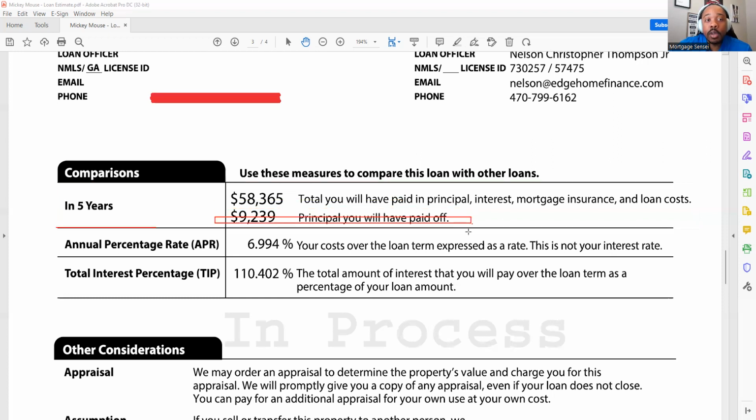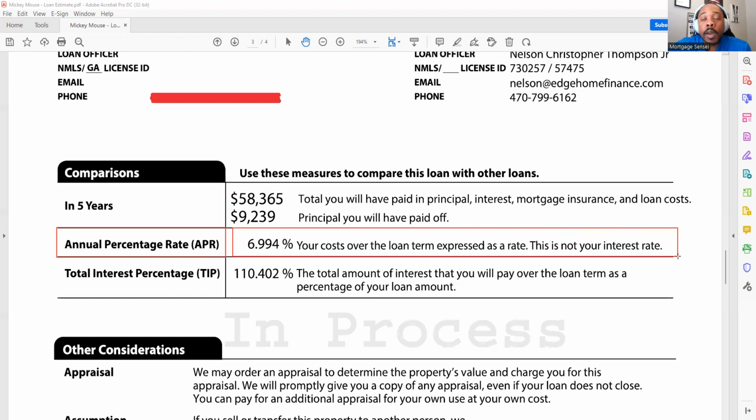Below that, you have your annual percentage rate. Now, when it comes to your APR, as it is most commonly termed, this is, as you can see, your cost over the loan term expressed as a rate.